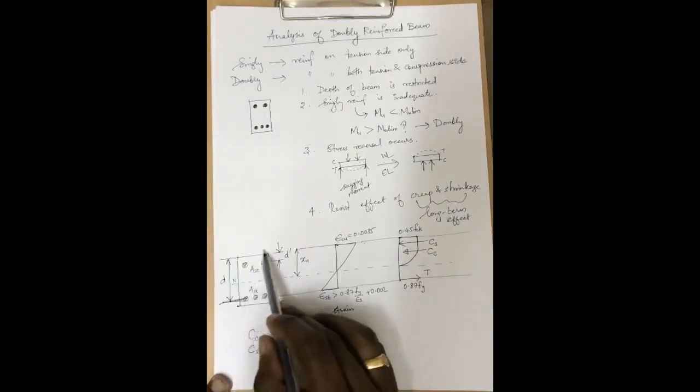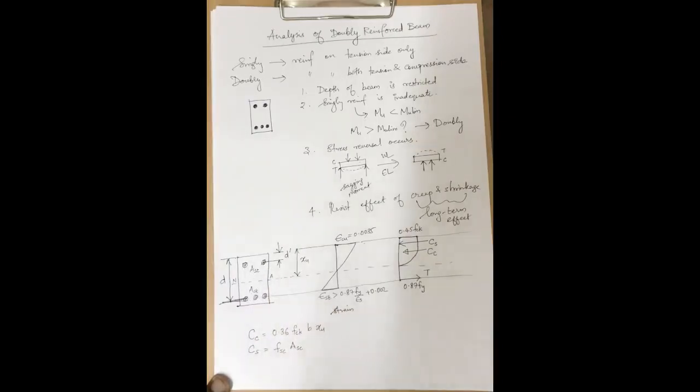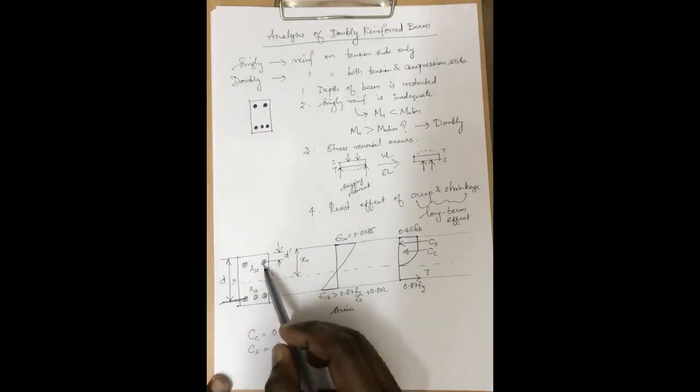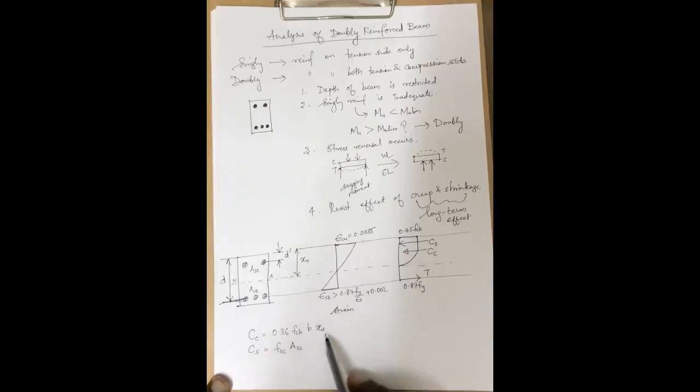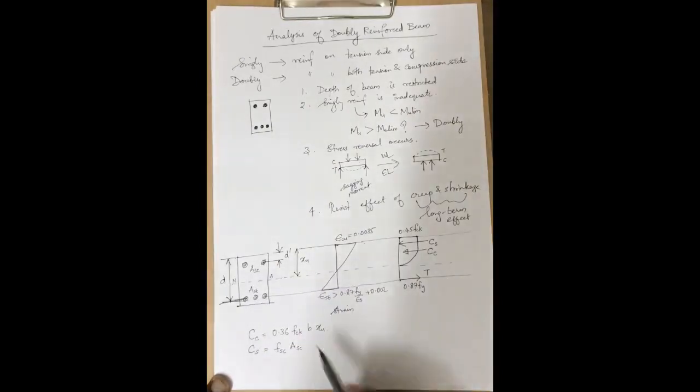That is why we can write the equation 0.36 FCK BXU. This equation is the compressive force when the entire region above the neutral axis contains concrete, but we know that this region is devoid of concrete. So the force due to this concrete should be subtracted, and we will do that at the level of steel itself.